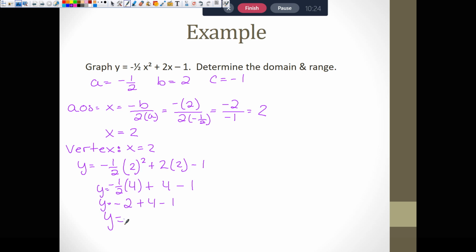Our y will equal 1. So, our additional point. Did I use my -1? Nope. So I can use my -1 as my additional point.